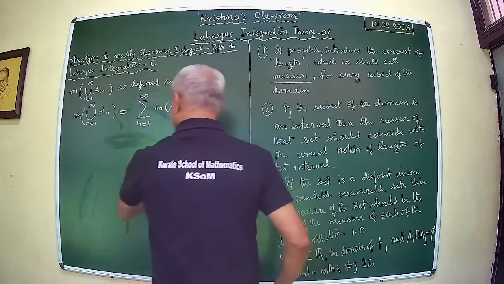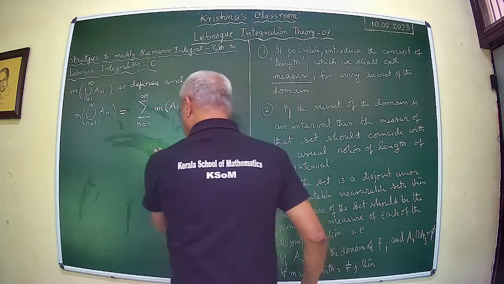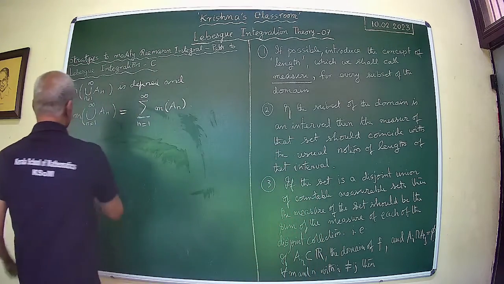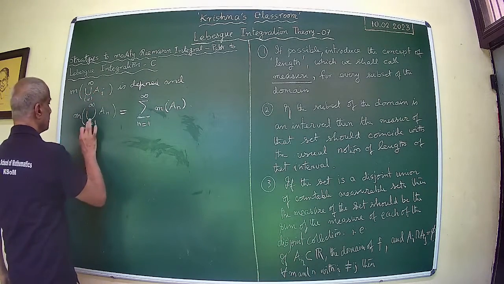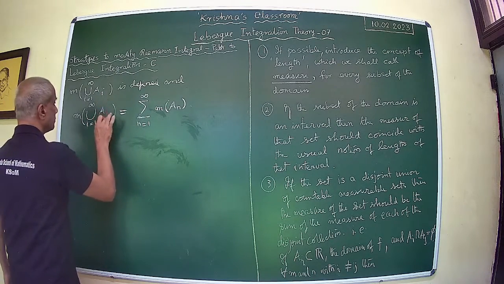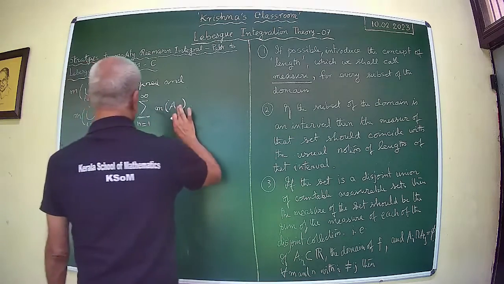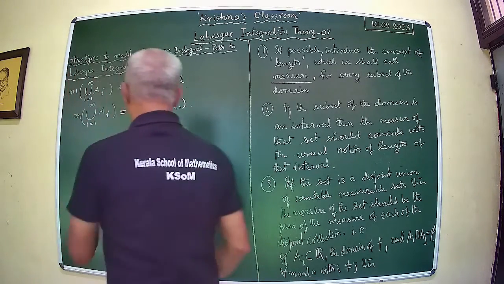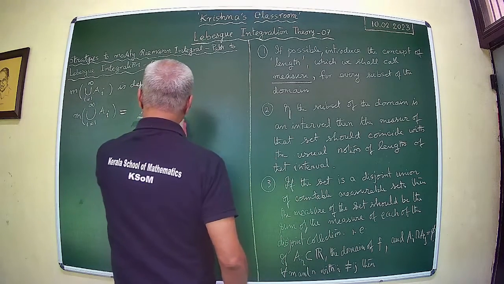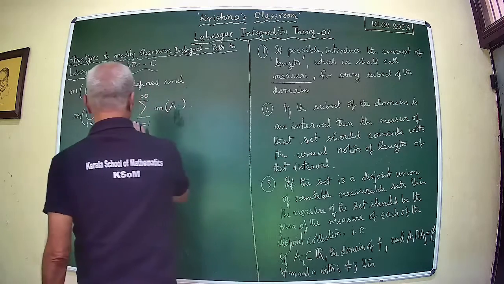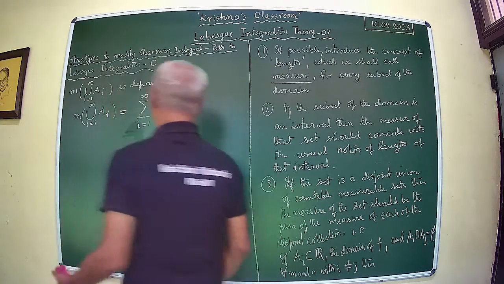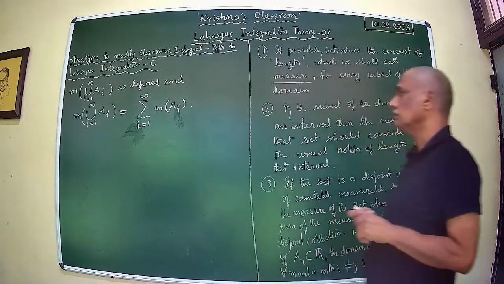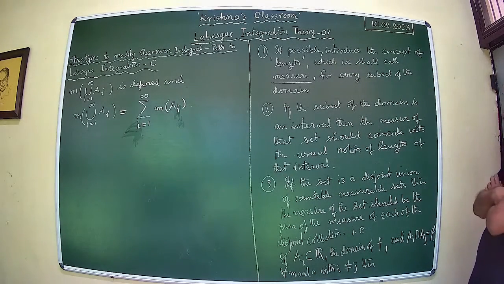This property is desirable to satisfy. So we want the measure to be this.